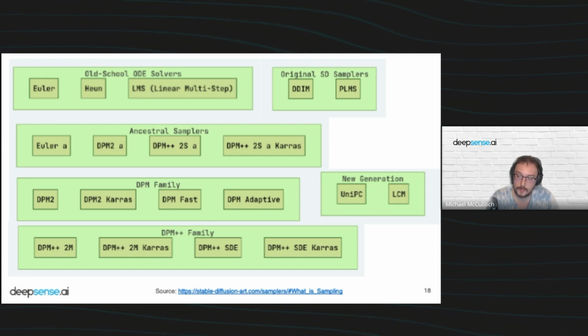The ancestral samplers add noise before they remove it, so they don't converge. Other than that, I would say that a discussion of all of these samplers is out of scope, but there are some that just work really, really well and some that don't. And that will depend more on the model that you're using than on anything else.